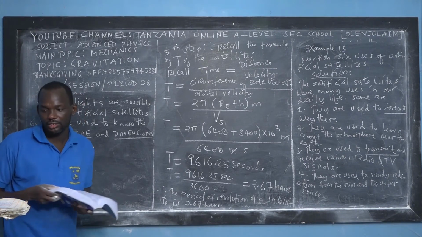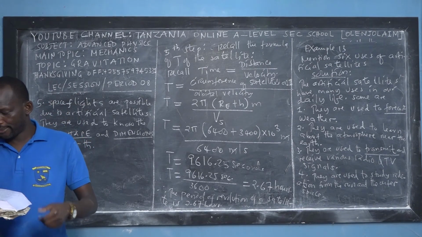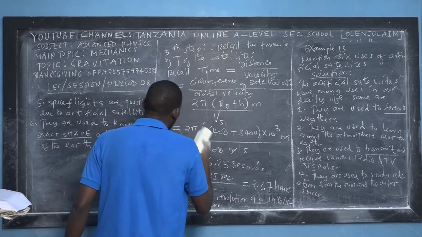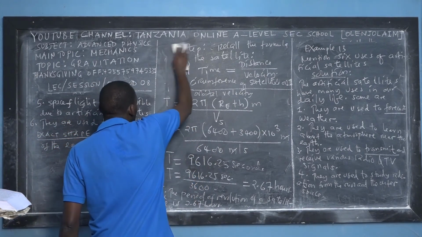So those are the 6 applications or uses of artificial satellites.